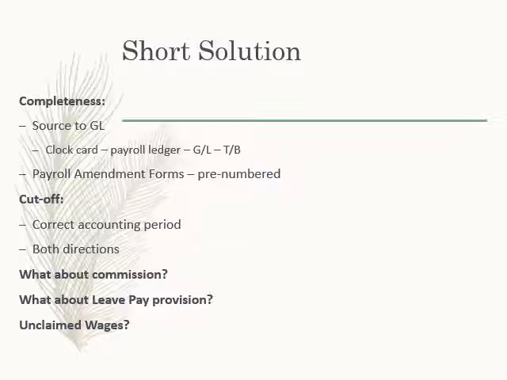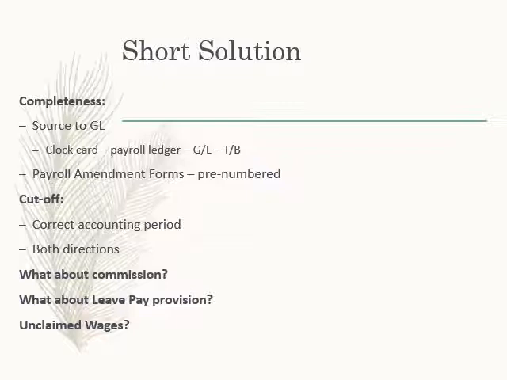Okay, then for completeness, the direction of testing changes now. Okay, so for occurrence, we said we start from the accounting records, we trace it back to the source documents, but for completeness, we're going to start from the source documents and we trace it back to the GL or the payroll software. Okay, so we're going to start from the clocking cards, or the timesheets, or the employment contracts, and trace those amounts back to what has been recorded in the payroll subledger or the separate payroll software, trace it back to the GL and then back to the TB.